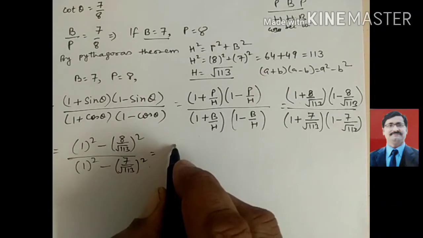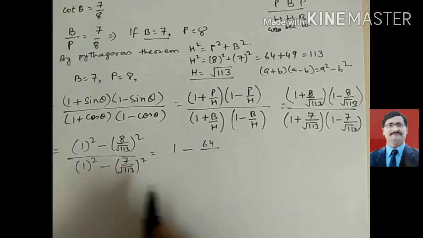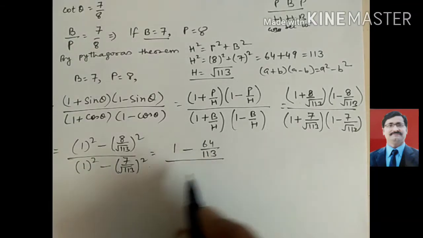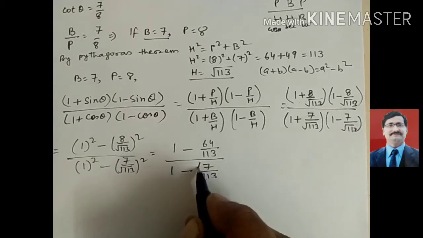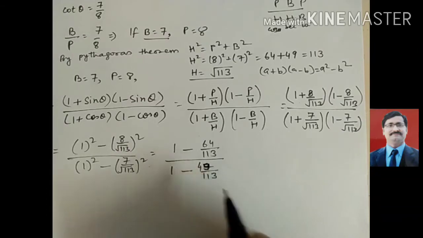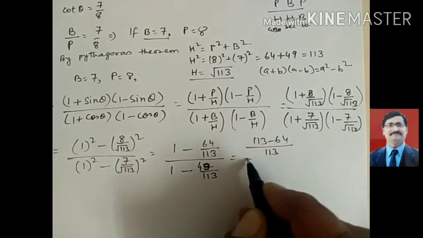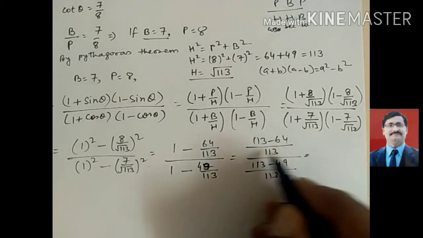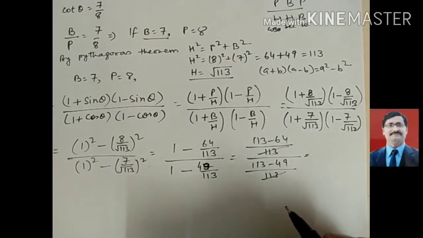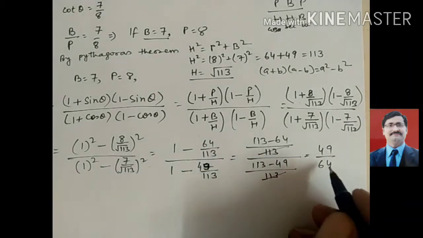That gives 1 minus 64 upon 113, and 1 minus 49 upon 113. Take the LCM: 113 minus 64 upon 113 minus 49. 113 cancels, and subtracting we get 49 upon 64. All understand this? This is the left hand side.